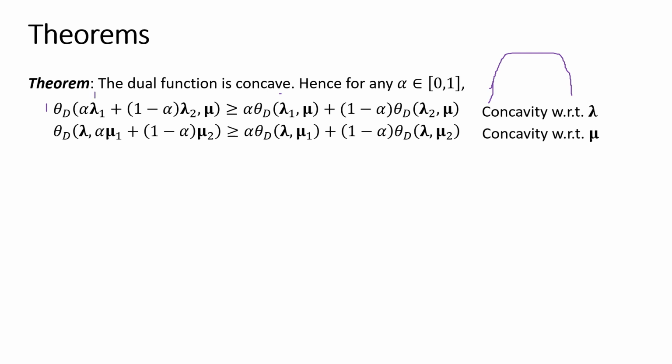Given any two points, here it's lambda_1 and lambda_2, the function of the convex combination is greater than or equal to the convex combination of the functions of the two points. And the dual function is concave with respect to lambda. It's also concave with respect to mu.